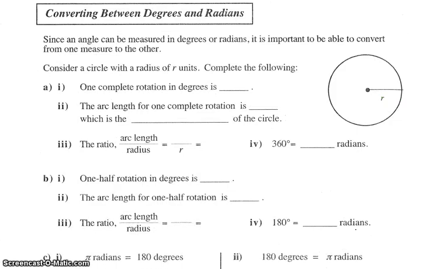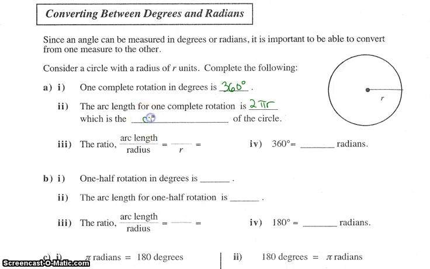Okay, so we've got this drawn here. Now, we know one complete rotation from the last lesson is 360 degrees. The arc length for one complete rotation would be the circumference of a circle, which is 2 pi r, or pi times diameter.